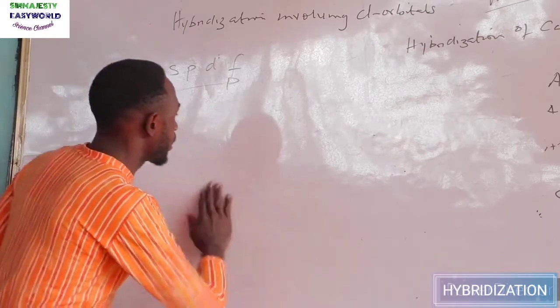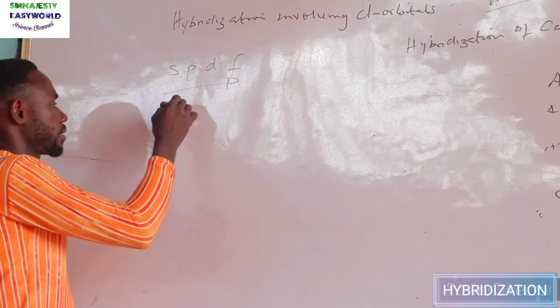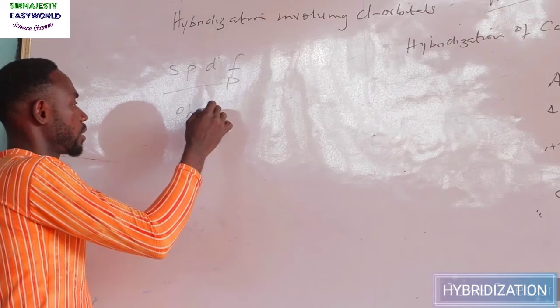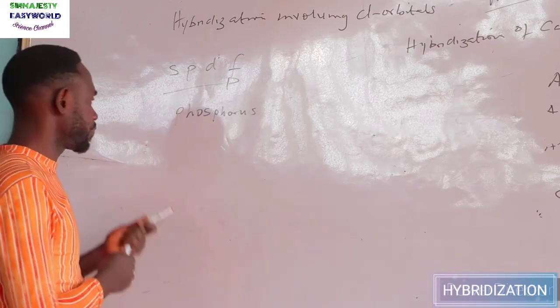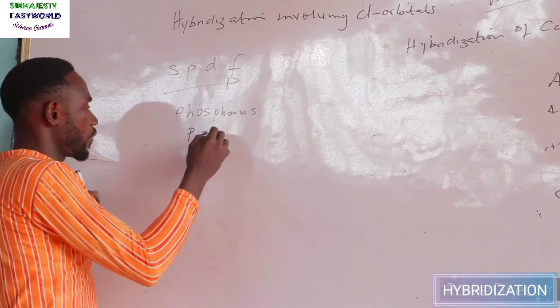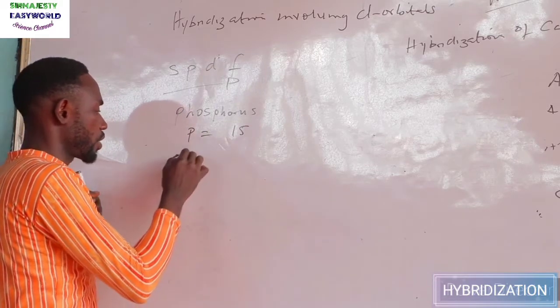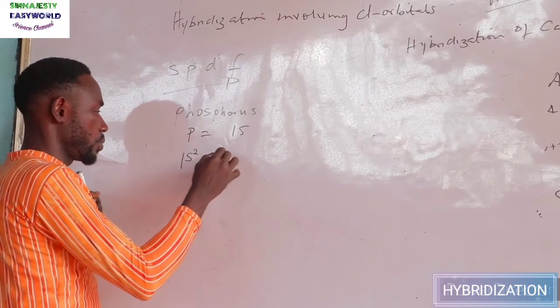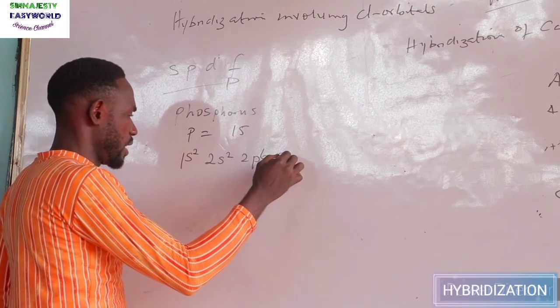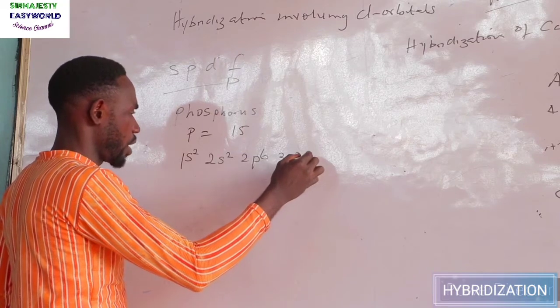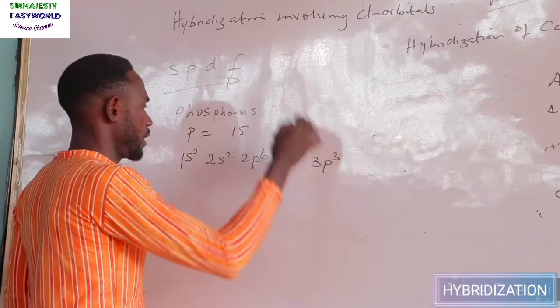First, let me take a look at phosphorus. Phosphorus is number 15 and the configuration is 1s2, 2s2, 2p6, that's 10, then 3s2, that's 12, then 3p3.